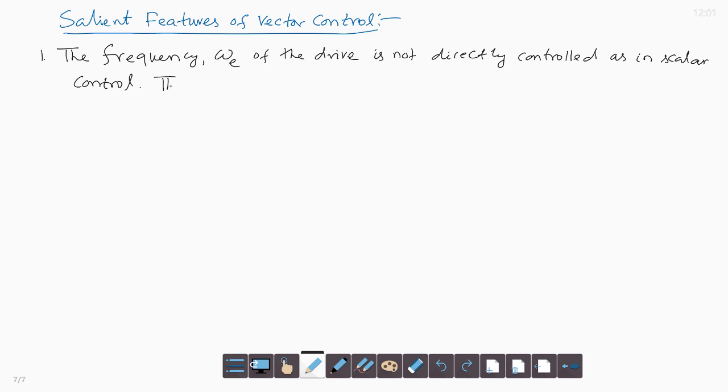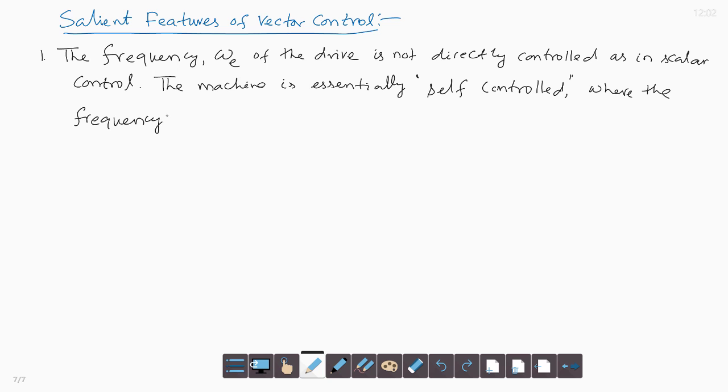The machine or the motor is essentially self controlled, where the frequency and phase are controlled indirectly using the unit vector.